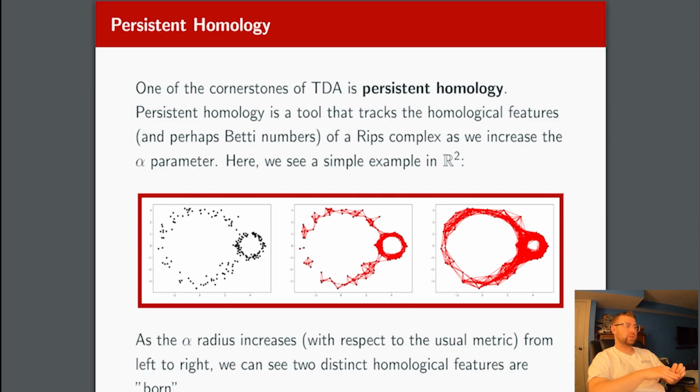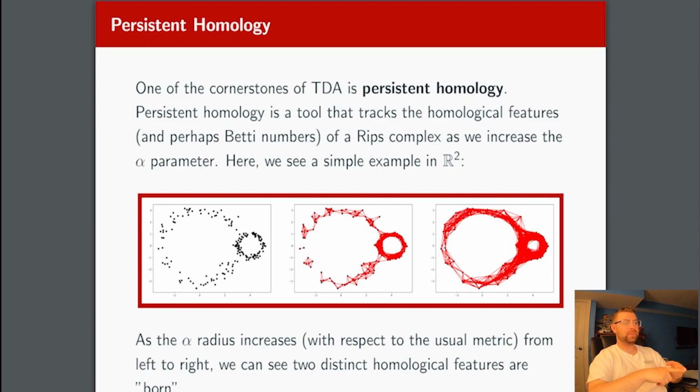In this first picture, this is where alpha is 0, right? I just have a point cloud. But you can already see there are two features that I'm probably interested in. First, as I increase alpha a little bit, I draw a ball of radius alpha around each point, and if the alpha balls of two points intersect, then I connect them and make a simplex.